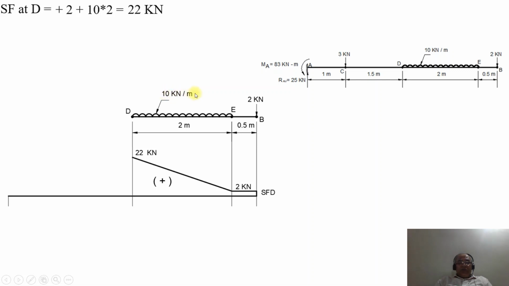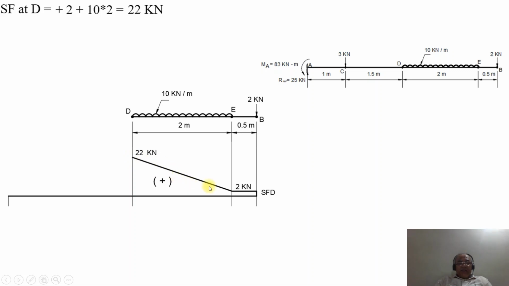So 10 into 2 becomes 20, and this is 2. So 20 plus 2, because all the load is acting downward to the right of the section, will be the positive value. Therefore, you get plus 22 kilonewton. From 2 kilonewton, it shoots up to plus 22 kilonewton.